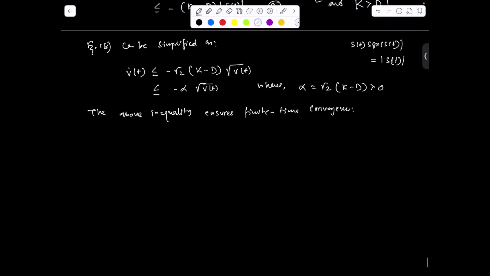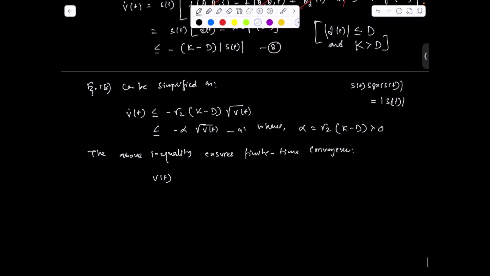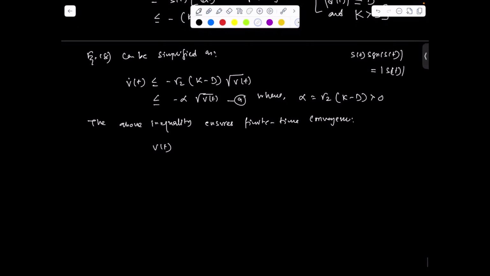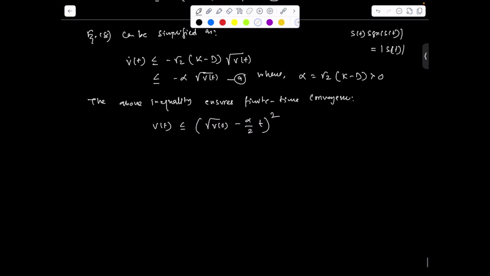So this convergence, because we can write V(t) from this above expression, suppose this is equation number 9. From equation 9, we can write root V(t) less than or equal to root V naught minus alpha by 2 t, whole square. We can easily compute this expression.